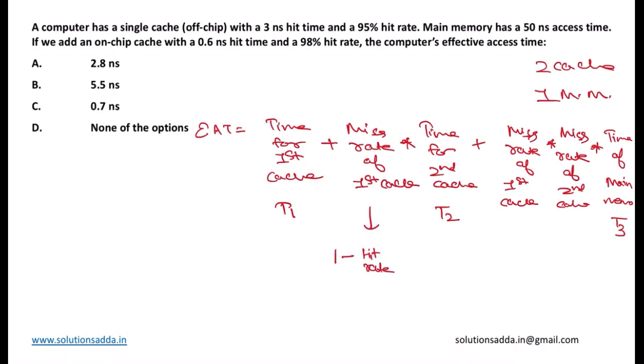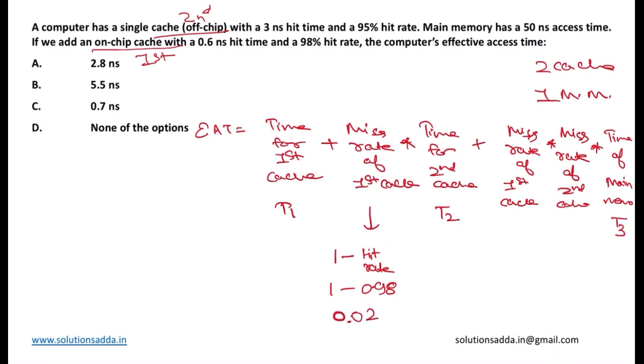The hit rate of the first cache is given as 98% because it is an on-chip cache, and then the second will be an off-chip cache. So this is the second cache and this is the first cache. So hit rate is 98%, that is 0.98. So 1 minus 0.98 will be 0.02.